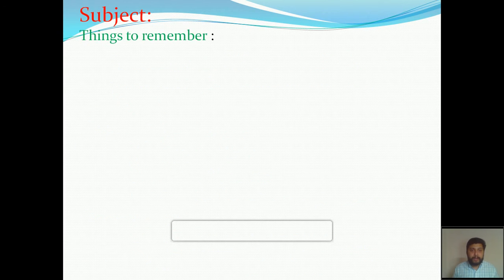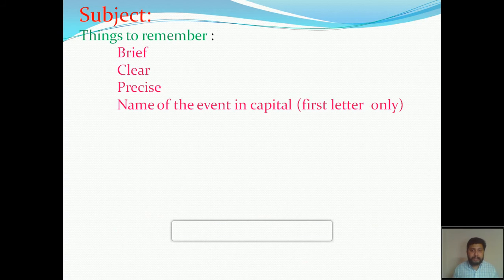Now the second one is subject. Things to remember: it must be brief, clear, precise, and the name of the event in capital, which means the first letters must be written in uppercase. So the subject must be brief, clear, and precise, and the name of the event in capital.